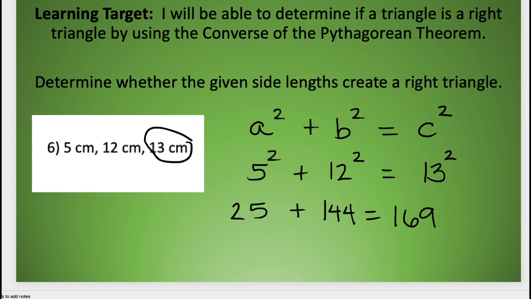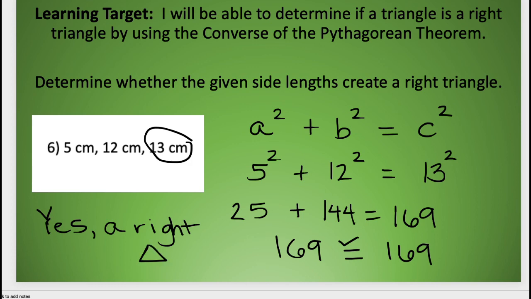I need to add the 25 and the 144 together. When I add those two together, I get 169. And that is equal to 169. Yay. So that means that yes, these three side lengths will form a right triangle.